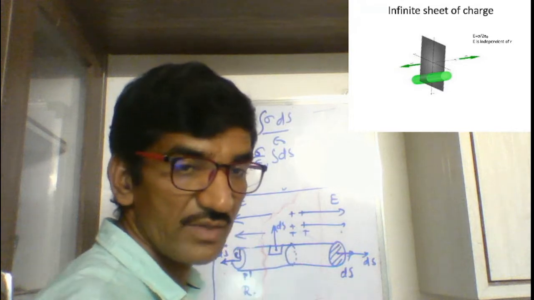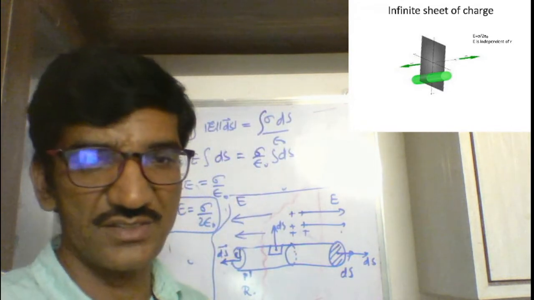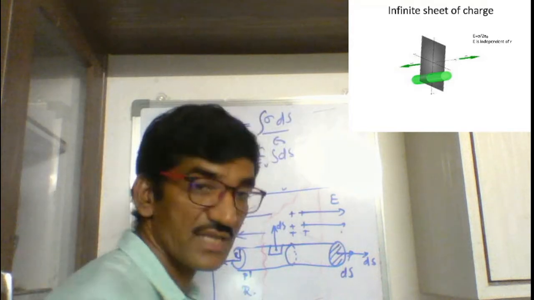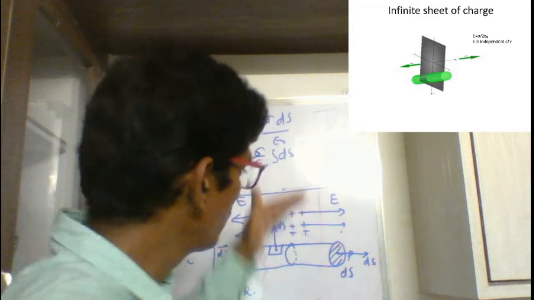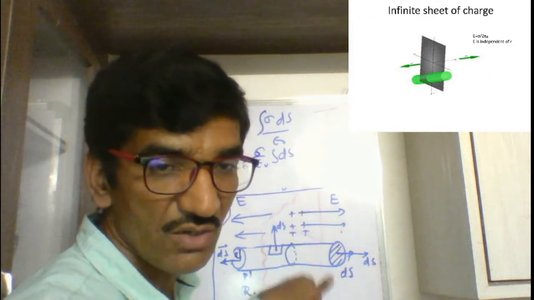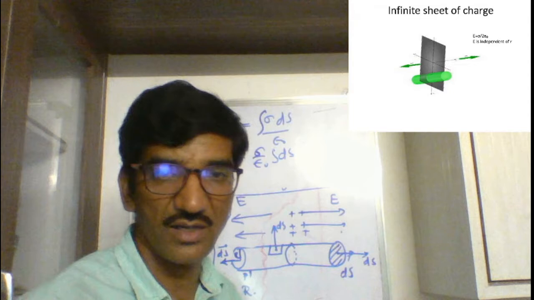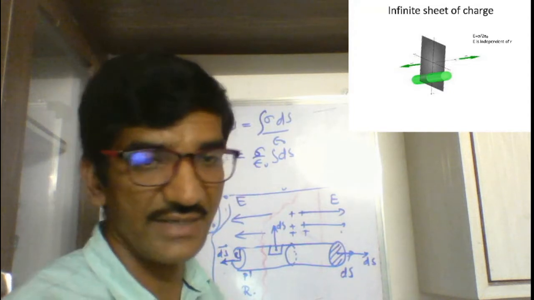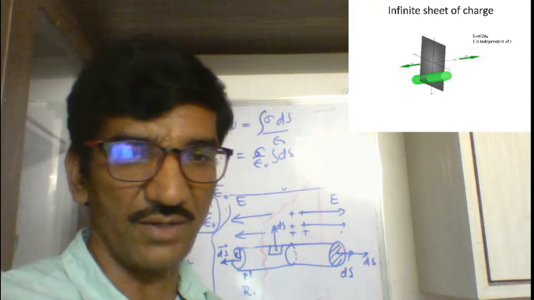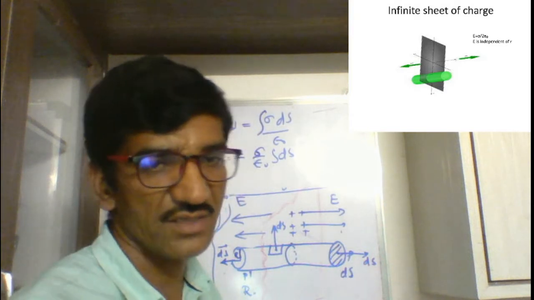Otherwise, if it has limited dimensions, whenever you go upwards or downwards or sidewards towards the edges, then your electric field will not be described by this formula. Fluctuations in the electric field take place. It will not be uniform. That's why we are taking an infinite charge sheet.